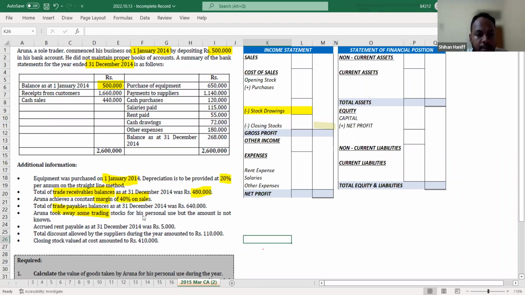Trade payables, closing balance. Personal use, the stock. Accrued rent, discount allowed, closing stock. Calculate the value of goods taken by Aruna. Prepare the income statement, prepare the statement of financial position. Okay. So let's do this question.